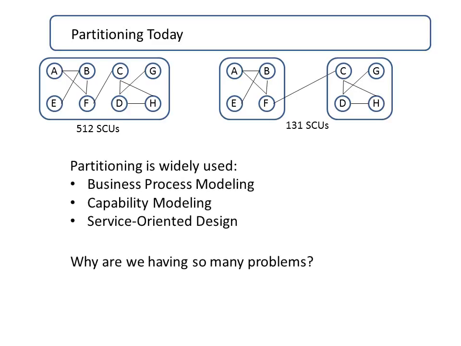We see it used in business process modeling, and capability modeling, and service-oriented design. So people are using partitioning in many different aspects of IT design and implementation. The question then is, why are we having so many problems? Why is complexity still such an issue for these large systems if we're using partitioning in so many different areas?